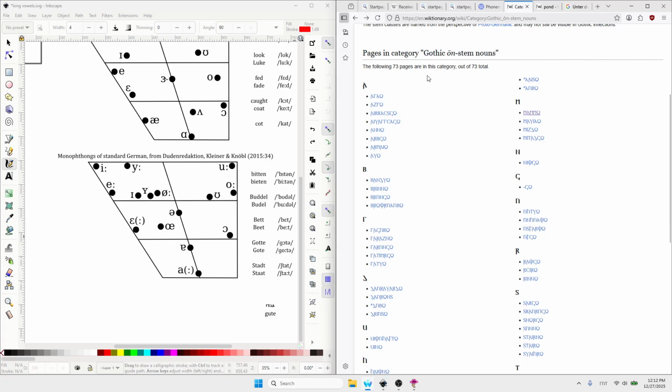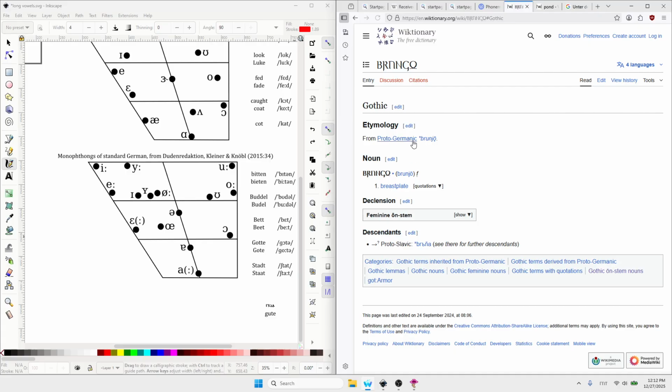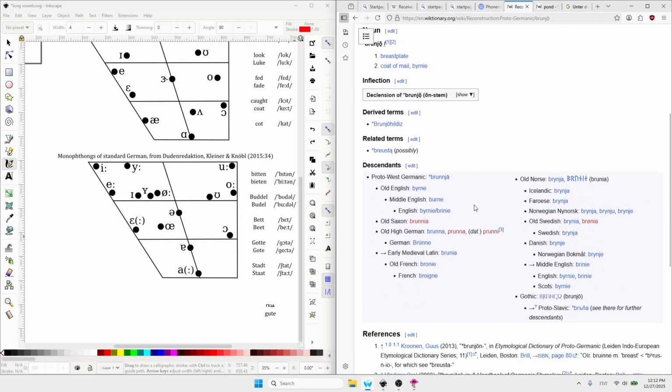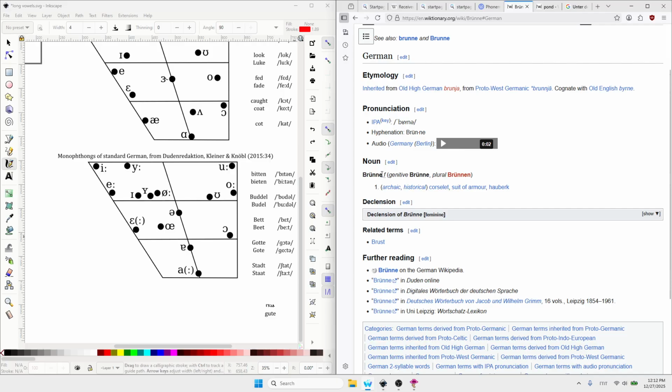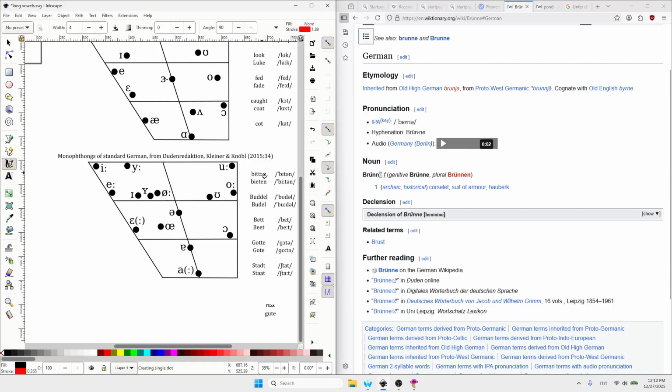It's surprisingly difficult. There's only 73 words. I think this is in German. But as you can see, it ends in a schwa, whereas the Gothic ends in an o.